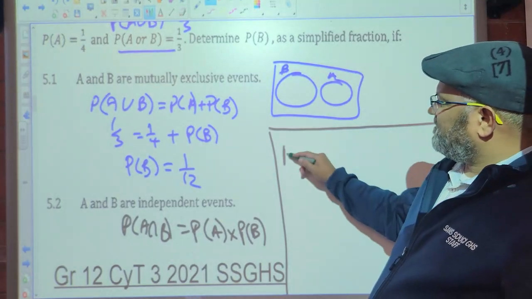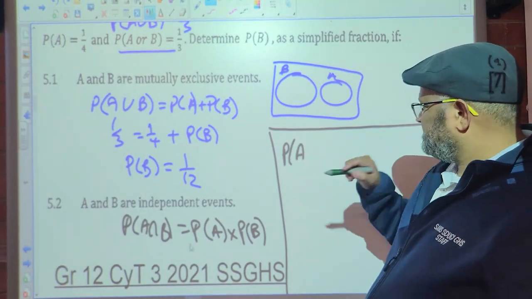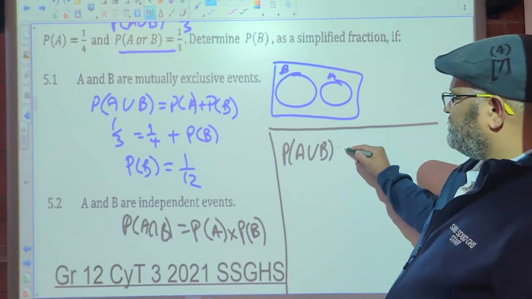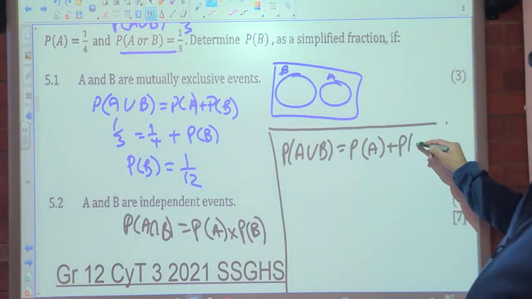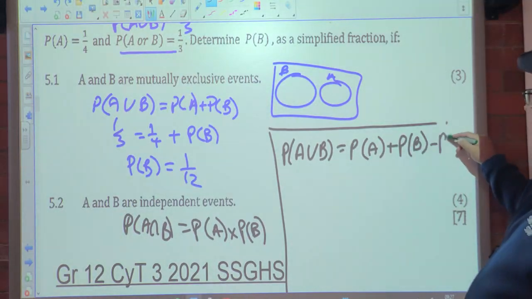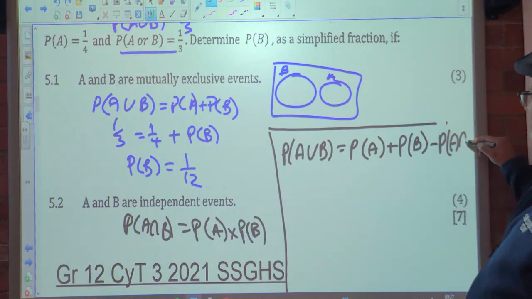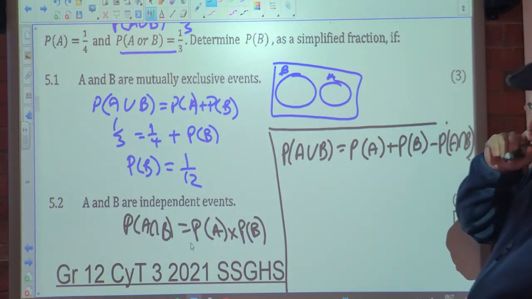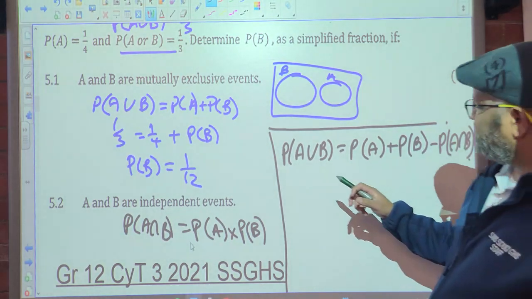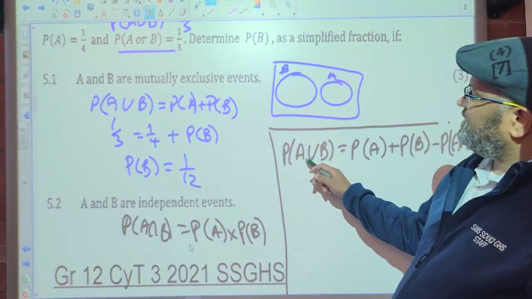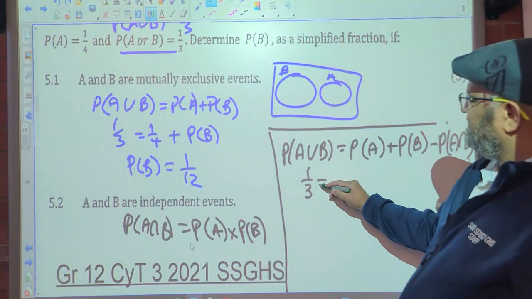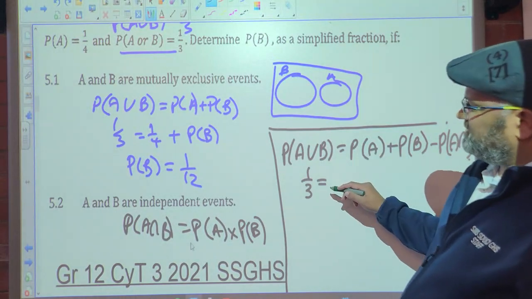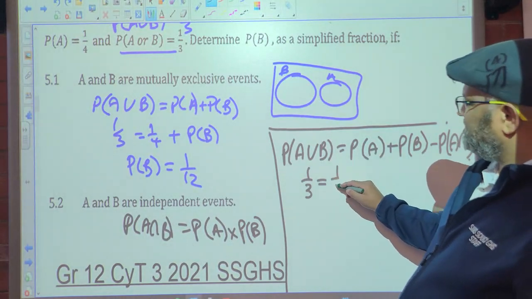So we know that the probability of A union B is equal to the probability of A plus the probability of B minus the probability of A intersection B. Okay, so the probability of A union B is a third. Probability of A is a quarter.